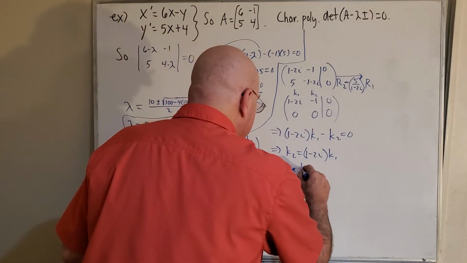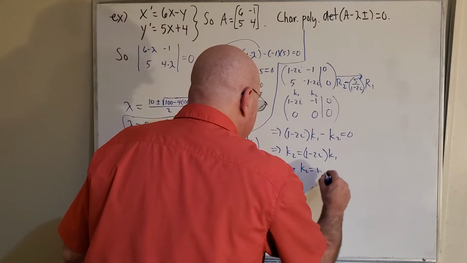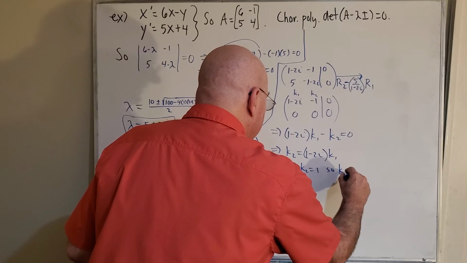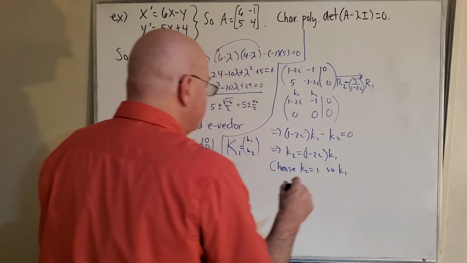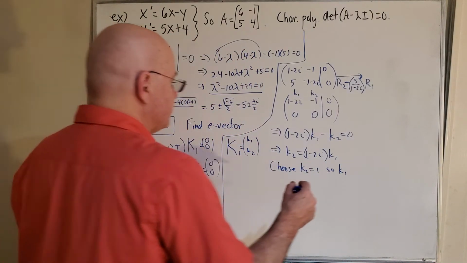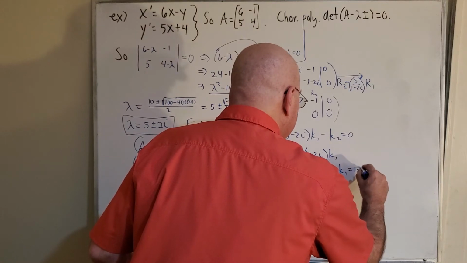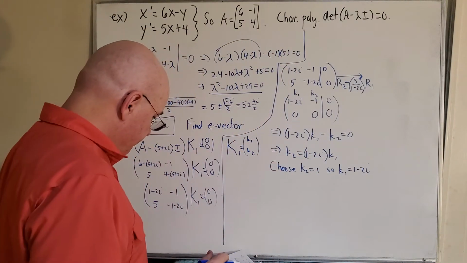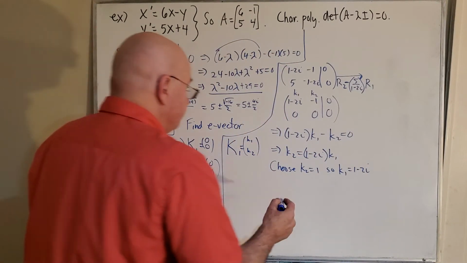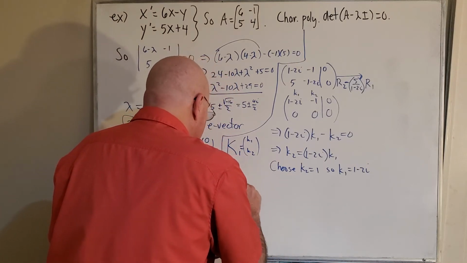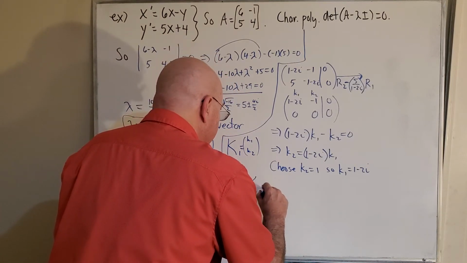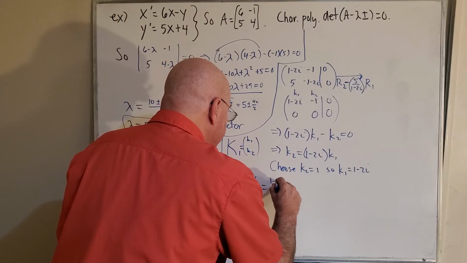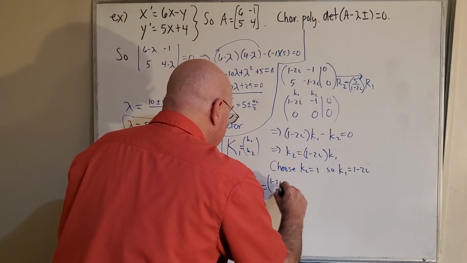Choose k2 equal to 1, so k2 is a 1, that means k1 is 1 minus 2i. So that gives me my k1 is equal to 1 minus 2i, 1.